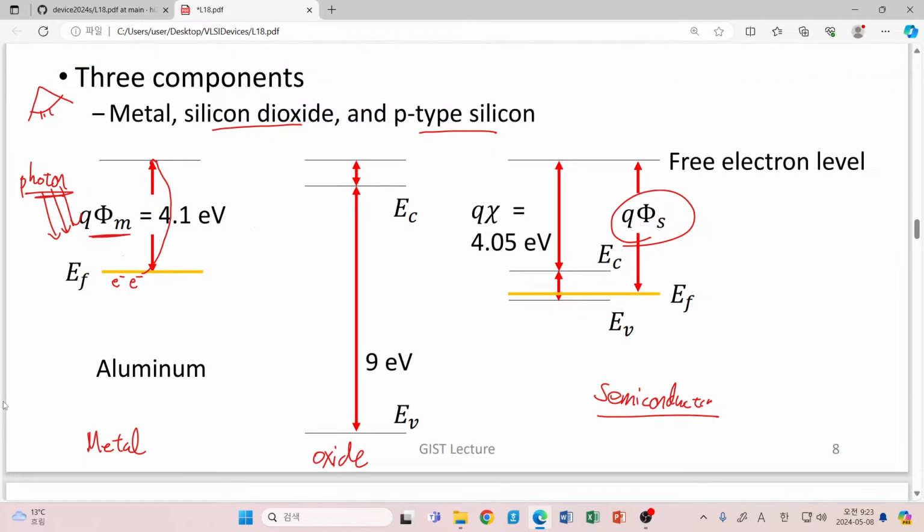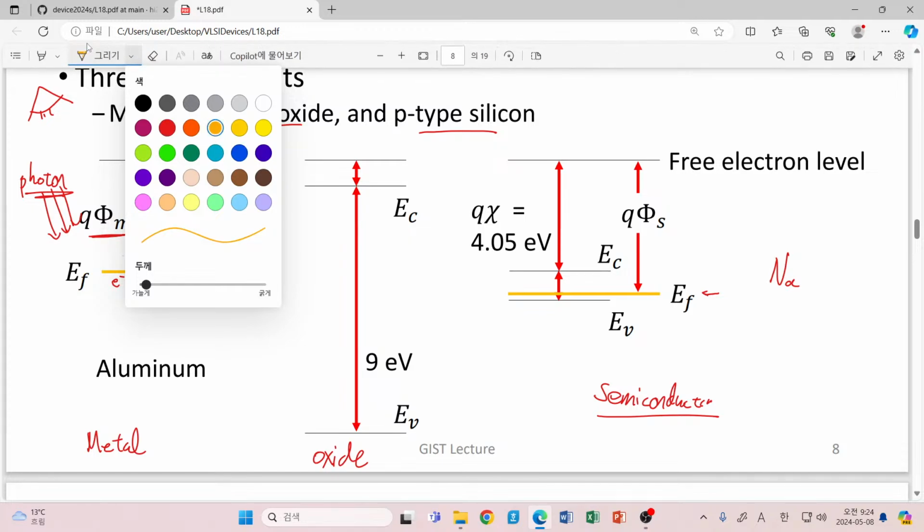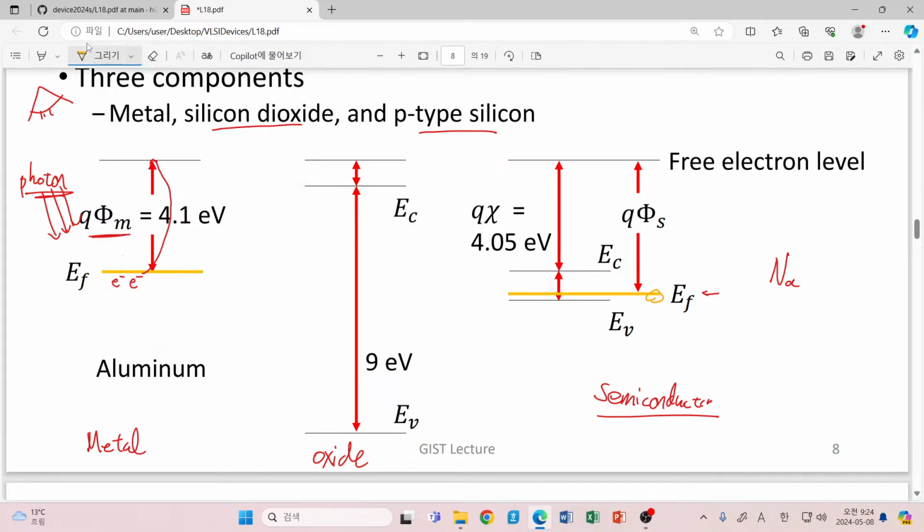Well, but the location of this Fermi level really depends on your acceptor density. For example, let's reduce your acceptor density significantly, then what will happen? Then your currently drawn Fermi level shown here is now moving toward the intrinsic Fermi level.